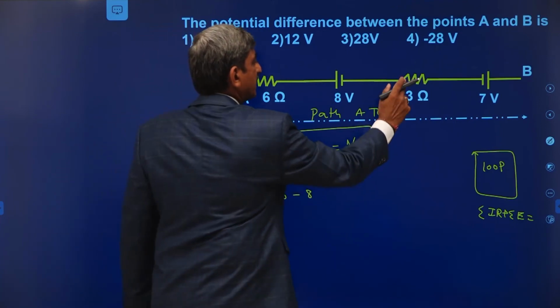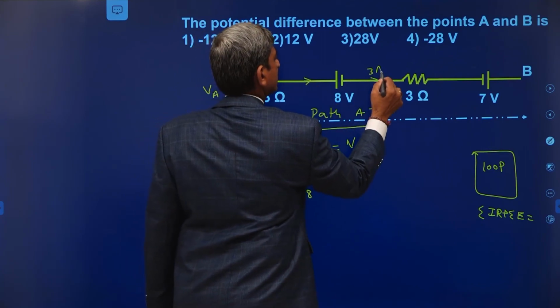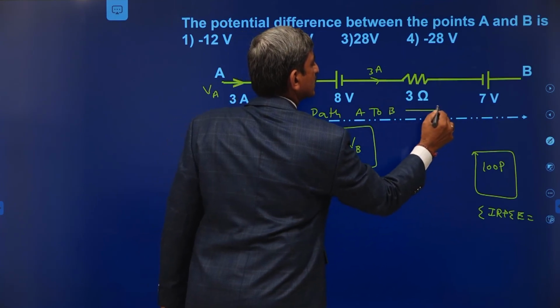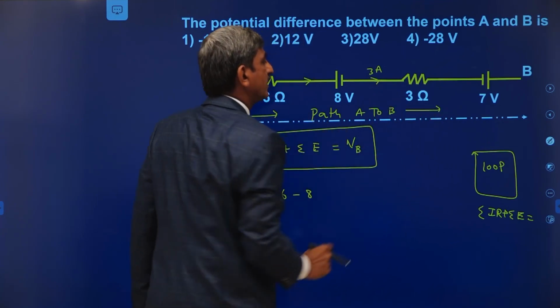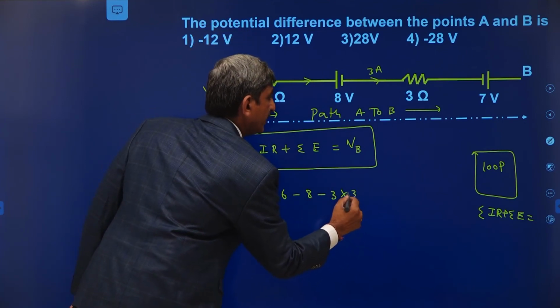Next, in this resistor, the same current is passing, 3 amperes. Here the direction of the current and the direction of the path are in the same direction, so IR is taken as negative, so -3 into 3.